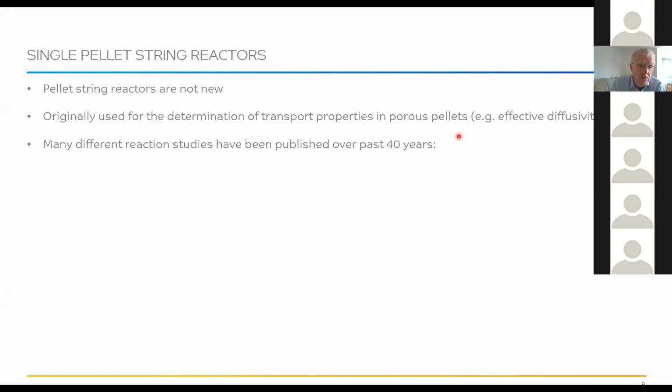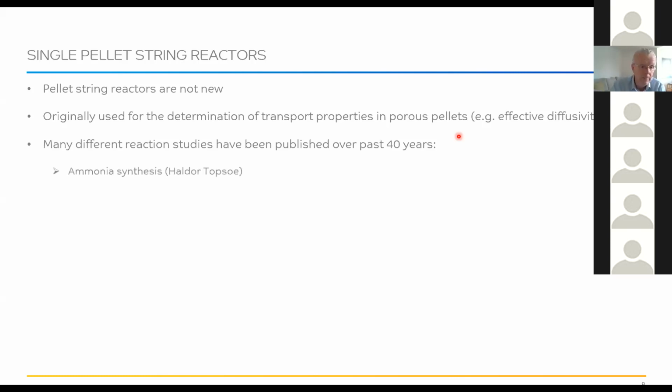They were originally used for the determination of transport properties in porous pellets, for example, effective diffusivity of gases within the particles. These methodologies were developed back in the early to mid 1960s, and people first started to apply these. However, they have also been used for different reaction studies over the last 40 years or so.